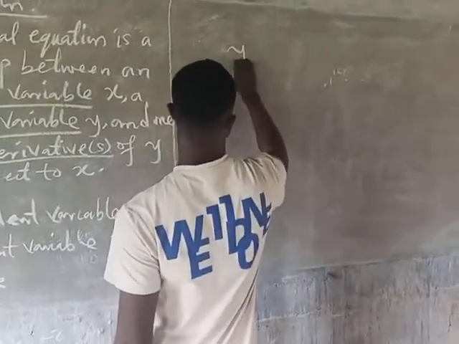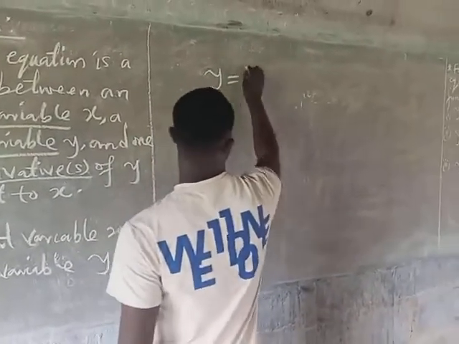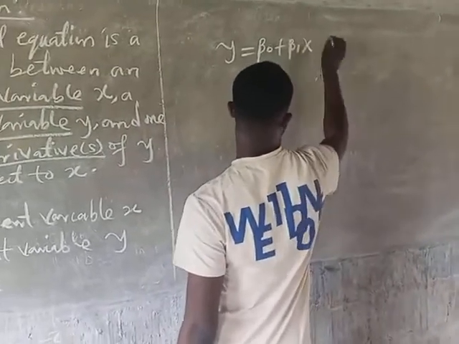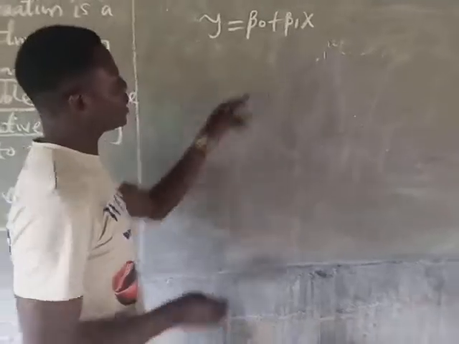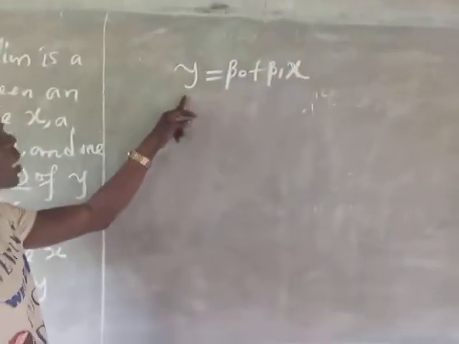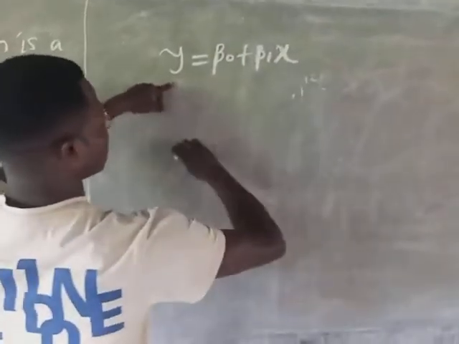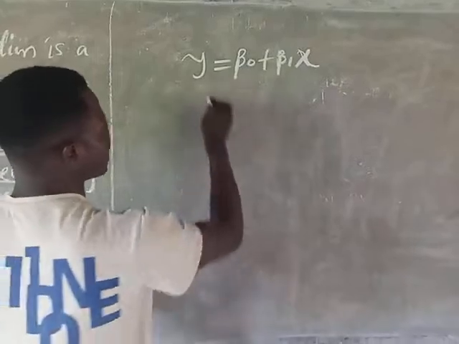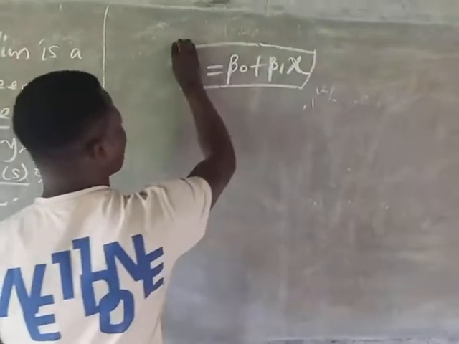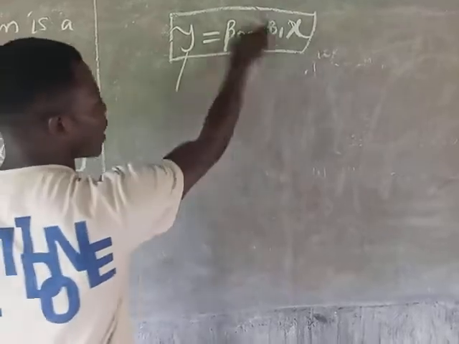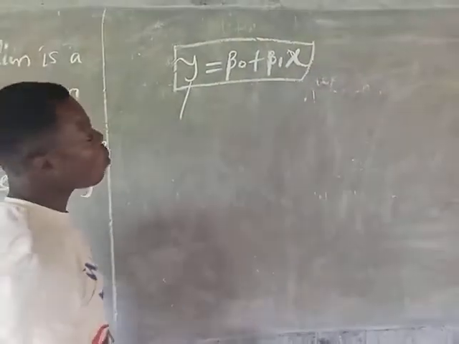Let's say you have this equation: y equals beta naught plus beta 1 x. In this equation, we can see that y relates to x. That is, they have a relationship. They are connected.